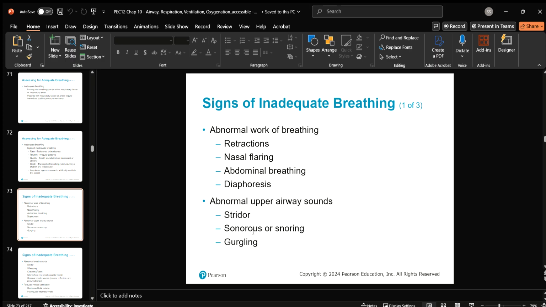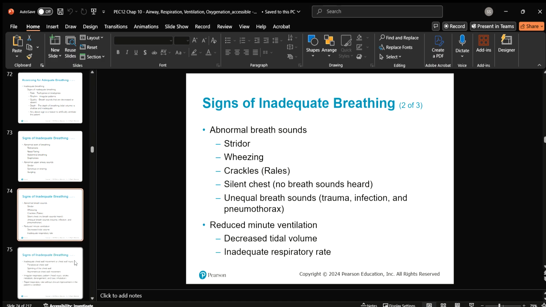So just having these in the back of your head is a good idea. Gurgling is what? Fluid. What kind of fluid? Blood, saliva, vomit. What's another word for vomit in medical terminology? Emesis.